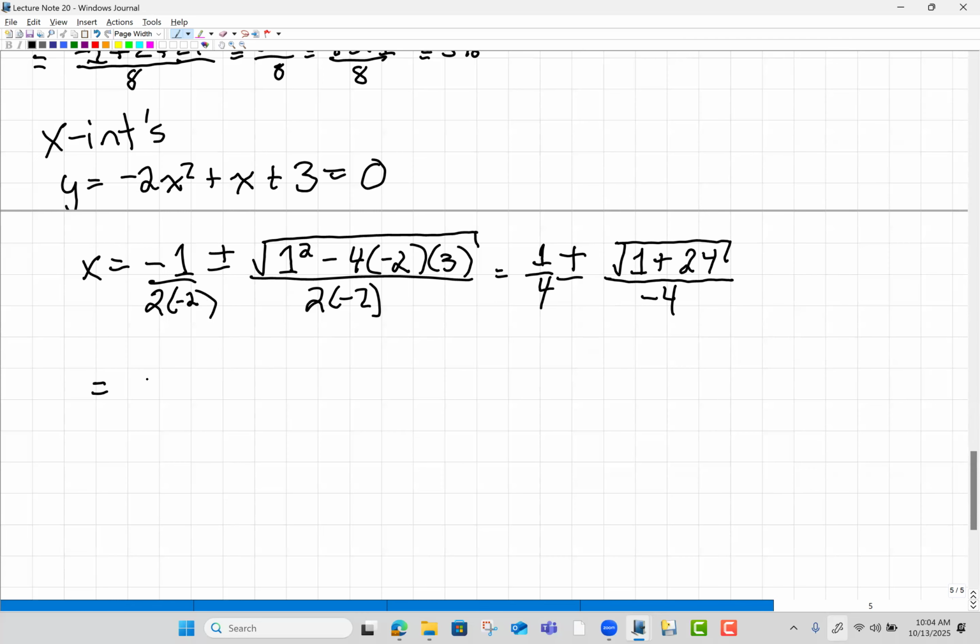But if you want a positive, so this equation, a positive times a negative is a negative. And then the other equation, a negative times a negative is a positive. All right, so I dealt with the minus here. All it did was flip our switches. 1 and 24 is 25.